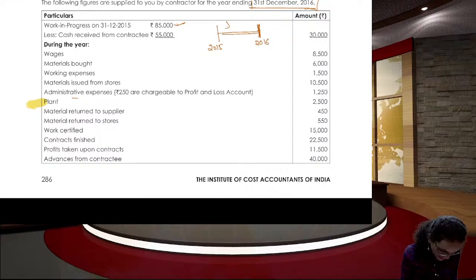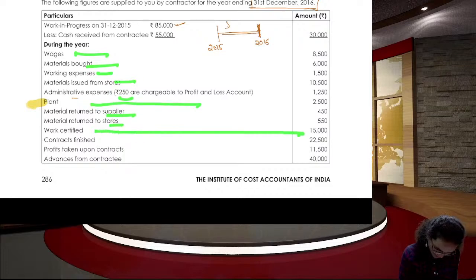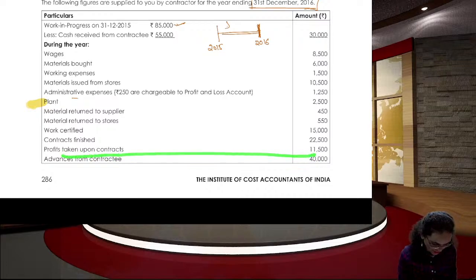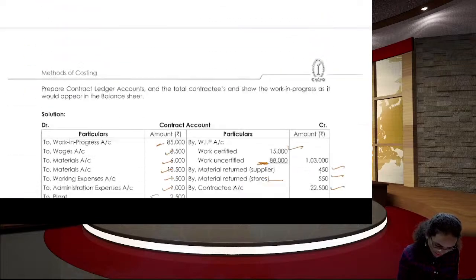Did we miss anything? Profit is also given. Okay. Profit information is also given. Profit taken upon the contract is 11,500.